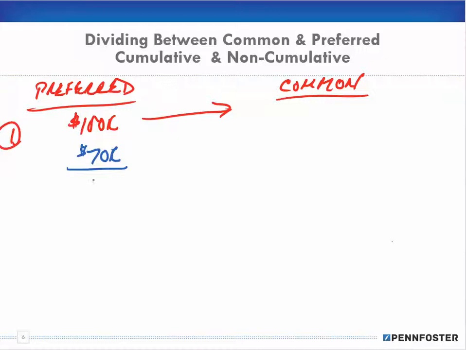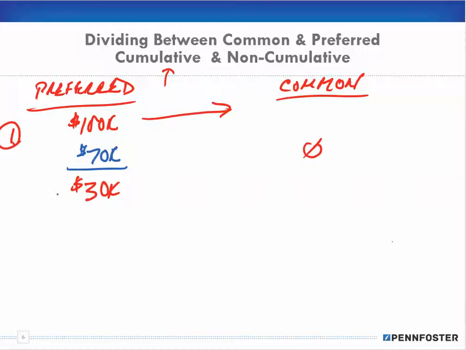That means, and we're talking about cumulative, that there's $30,000 left over that has not been paid to preferred, right? So what does this mean? Well, if it's only 70,000 and preferred gets 100,000, out of the 70,000 common gets zero, because all of it went to preferred.